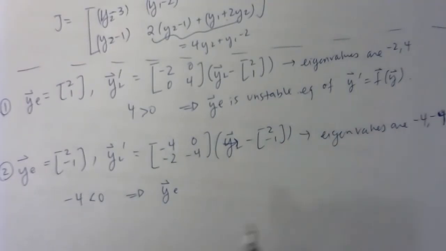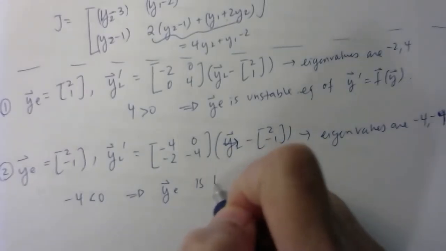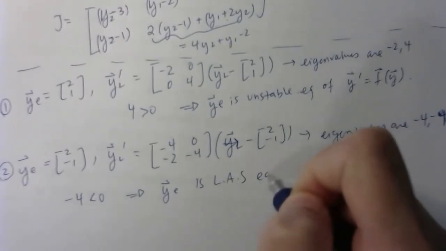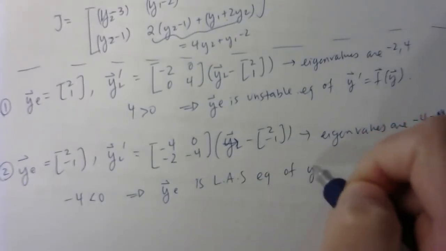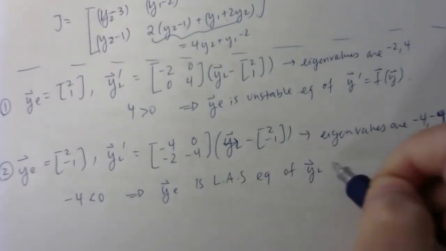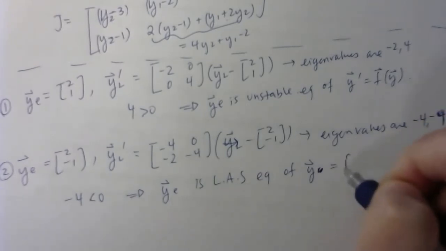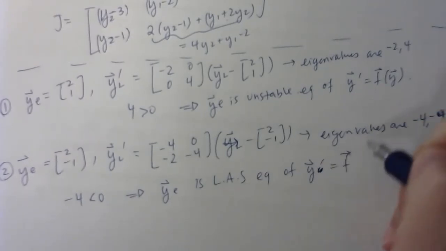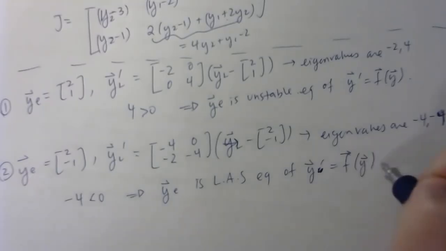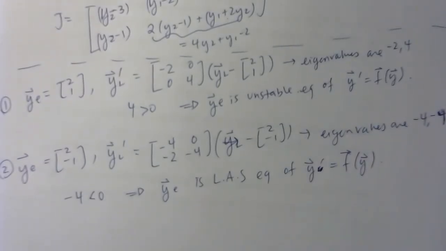It's globally asymptotically stable for the linearized system, but it's locally asymptotically stable equilibrium of Y prime is f of Y, the nonlinear system. Excellent.